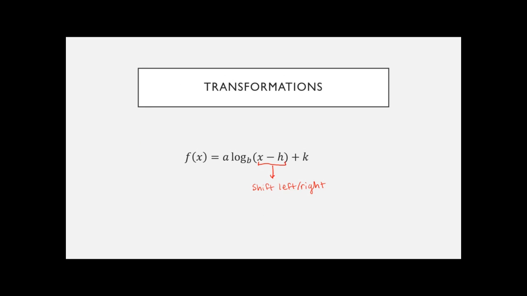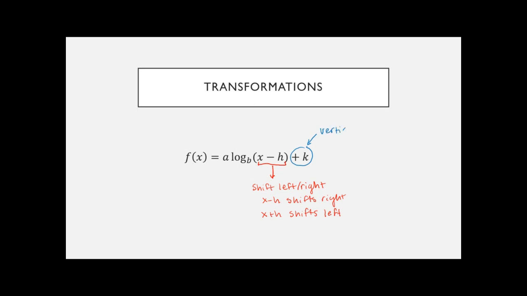If it's plus, we shift left. So x minus h shifts right. X plus h shifts left. These are the same rules that we have for transformations any time we graph. The transformation rules apply the same no matter what the parent function is. Then this plus k going on is our vertical shift up and down.